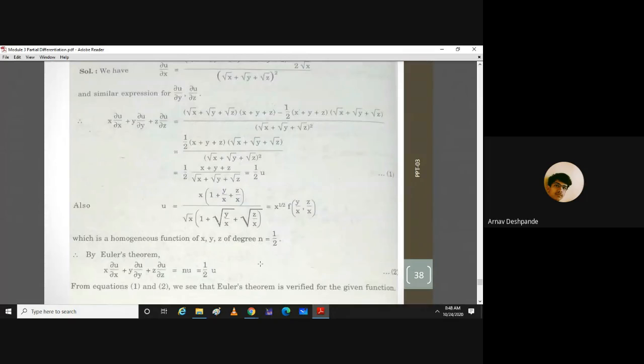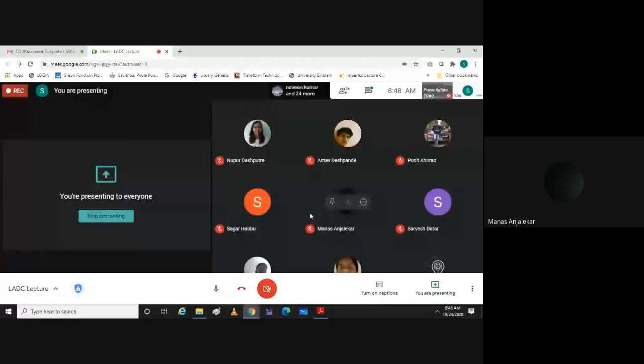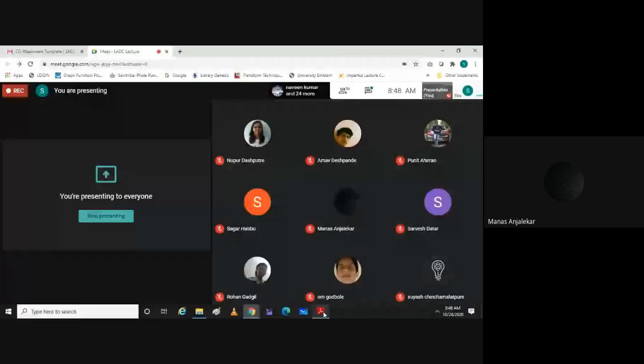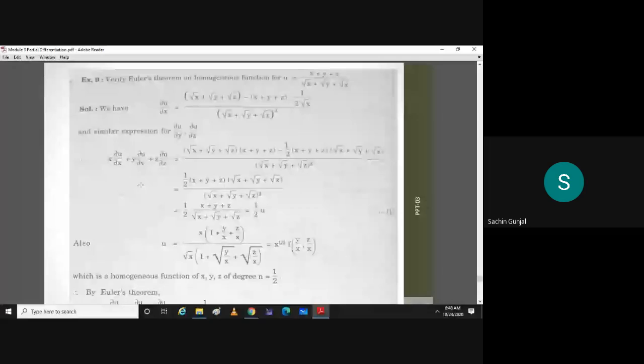So for ∂w/∂x, you can see that the quotient rule is applied. So (√x + √y + √z) into the derivative of the numerator with respect to x, which is 1, minus (x + y + z) into the derivative of the denominator with respect to x, which is 1 upon 2√x, upon the denominator squared.